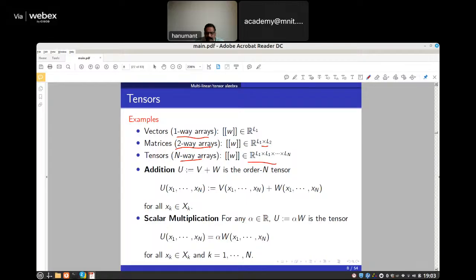Okay, now it has a beautiful structure here, so we can see that it has some kind of vector space structure. And you may ask, what is the advantage of having a vector space structure? The advantage is that you can have a basis. Okay, so that's the main thing here.